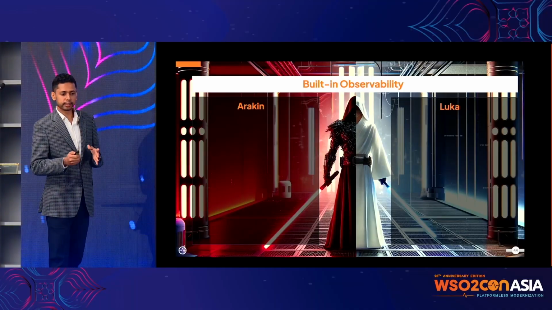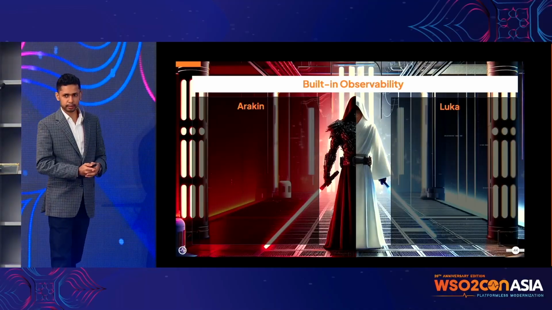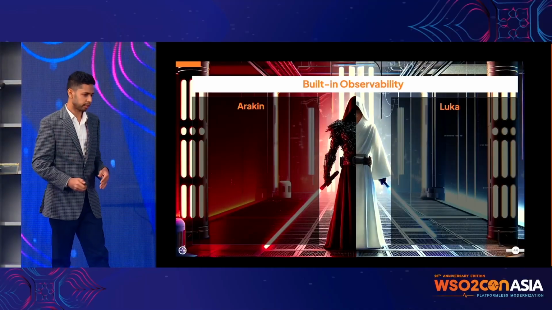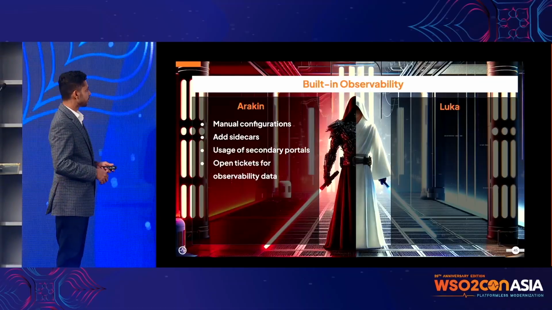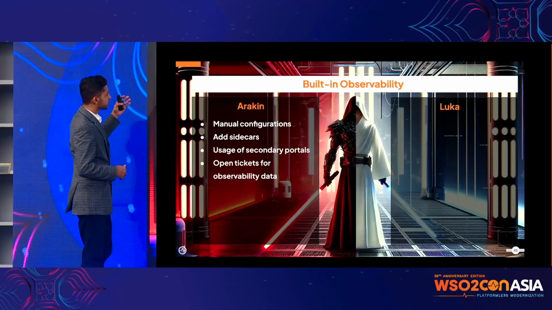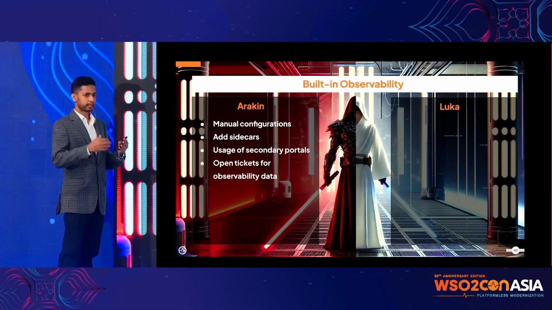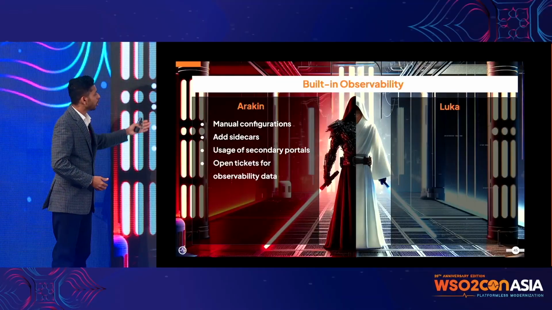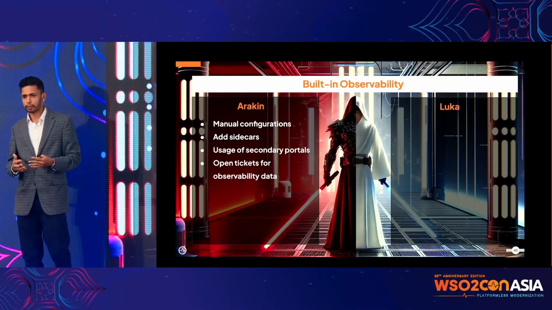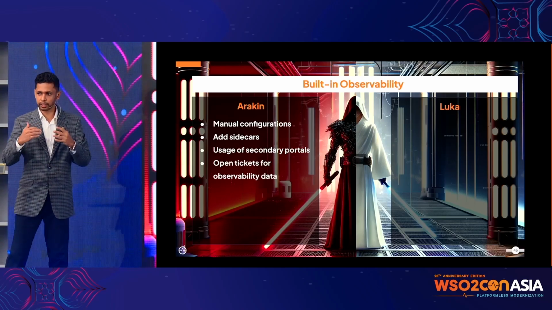To do that in Arakin's enterprise, a megalithic empire or the legacy bank, right? You would have to configure your observability manually, get the files, configure your Fluent Bit, configure your Prometheus, whatnot, or you'd have to add sidecars to collect the metrics and publish somewhere. That is the configuration part.